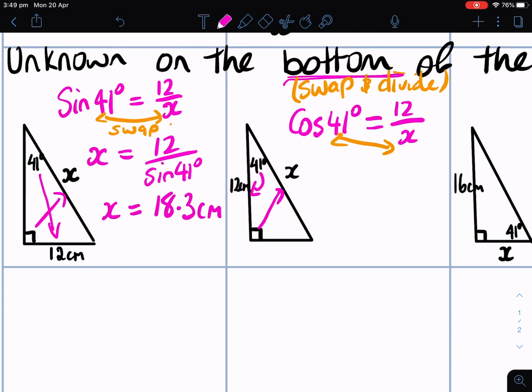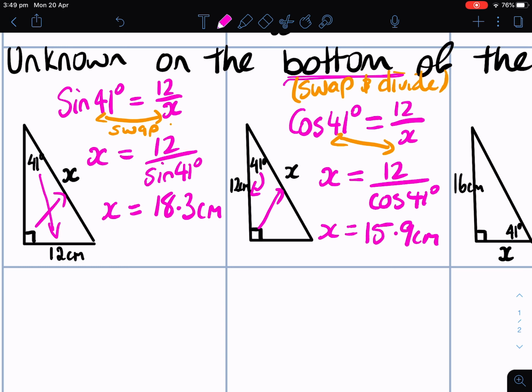So let's go and swap those. So we'll have x equals 12 divided by cos of 41 degrees. Okay, so when you put that in your calculator, you're going to go 12 divided by cos 41 equals, and rounded to 1 decimal place, you will get 15.9 centimeters.